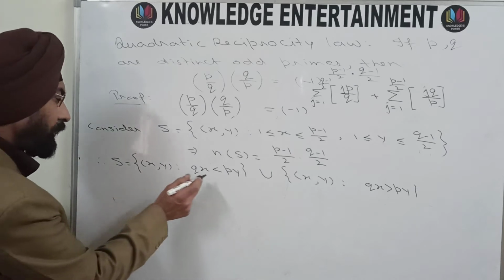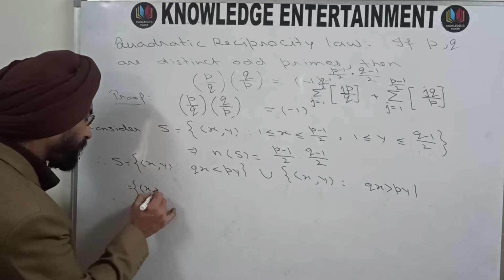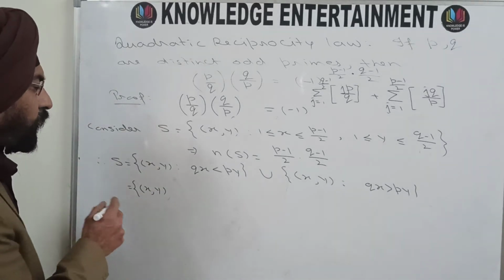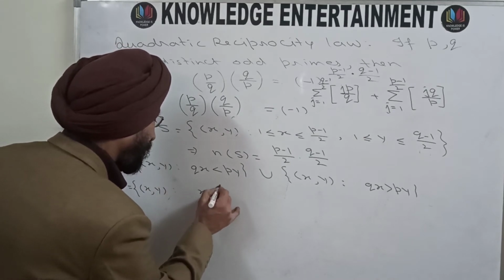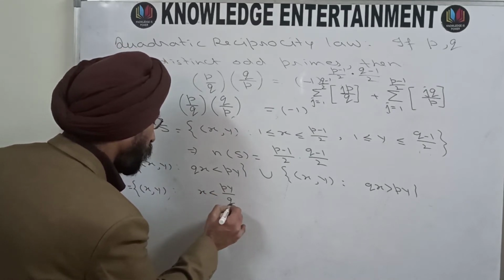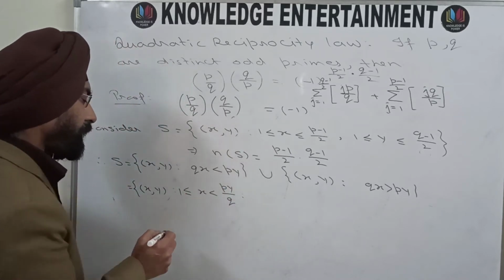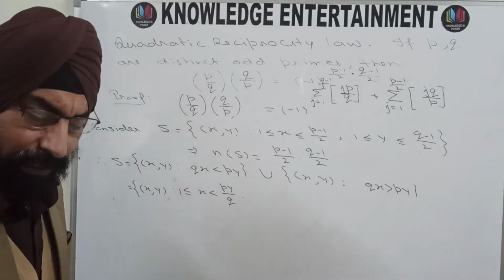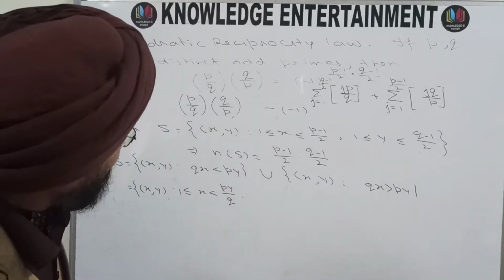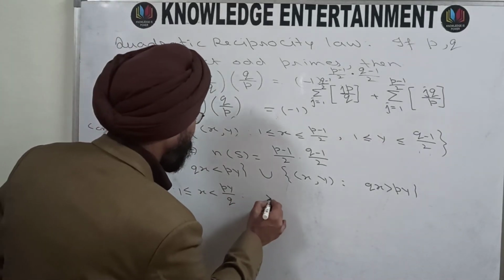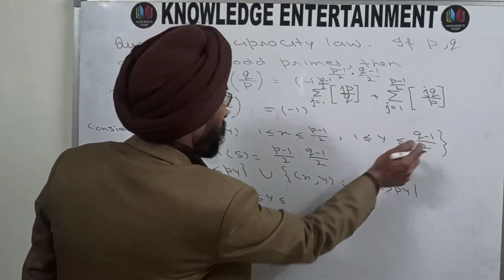Furthermore, the first set I can write as the ordered pairs (x, y) where x is less than py by q and x is greater than or equal to 1, and y is greater than or equal to 1 but less than or equal to (q-1)/2.